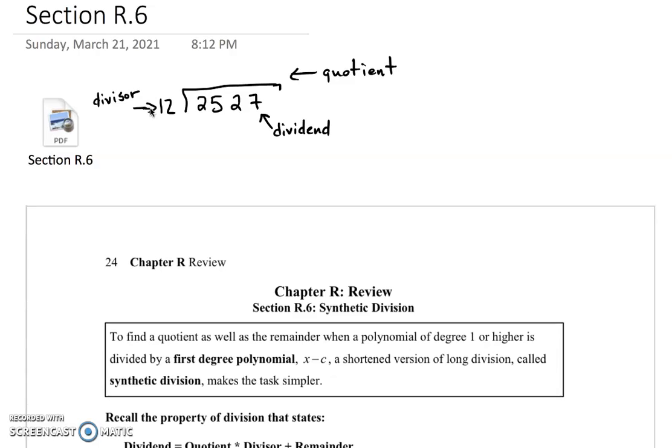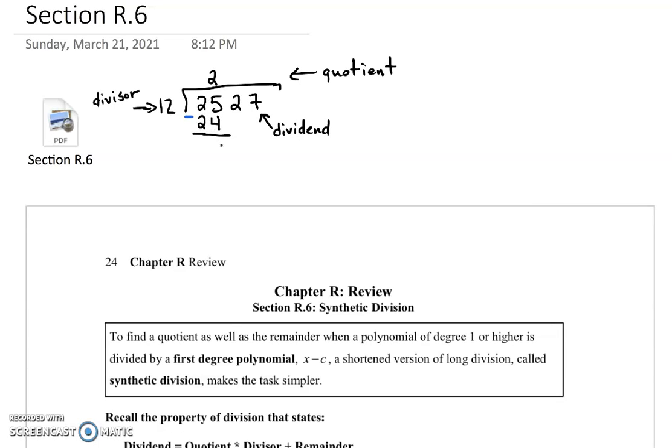So for those of you who it's been a really long time for, we look at the 12 and we look at the first digit of the dividend. 12 does not divide into 2, so we add the 5. 12 goes into 25 2 times. We multiply the 2 times the 12 and we get 24, and then we subtract those numbers.